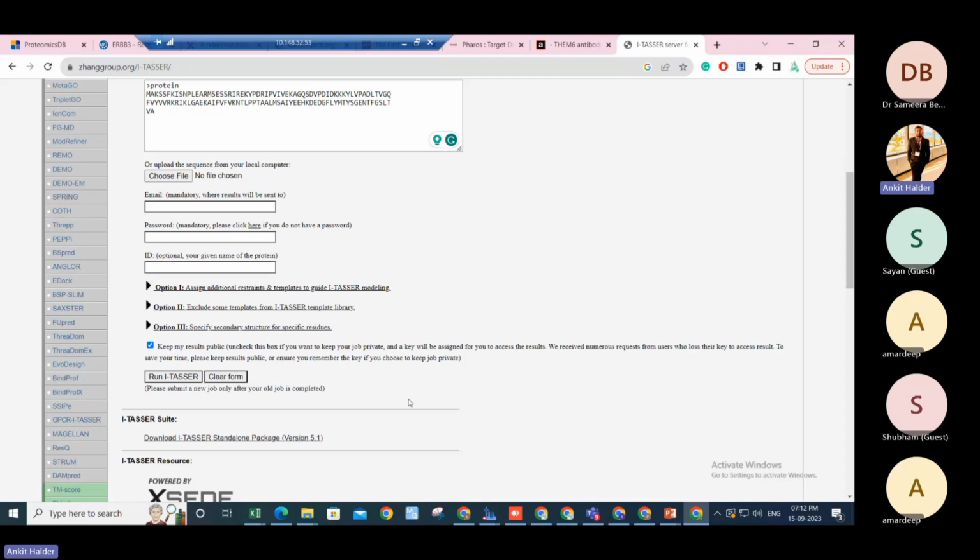So there was a concept of homology modeling which said that you first need to have a sequence. You perform a BLAST. After you have a protein sequence, you perform BLAST against a particular protein sequence.